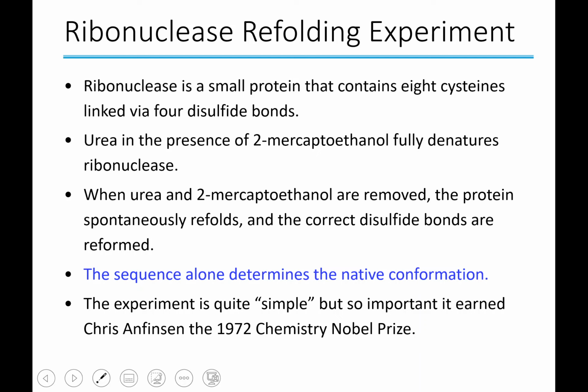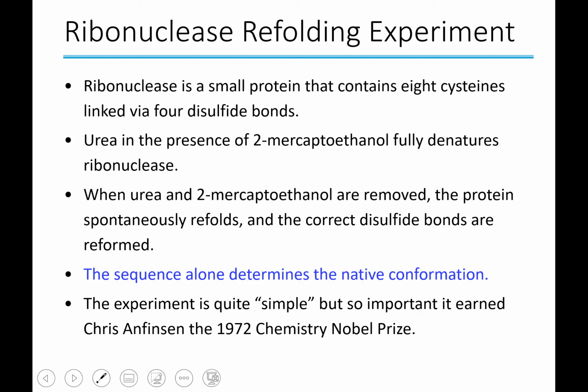When those are removed by dialysis, so the urea and beta-mercaptoethanol are removed, the protein refolds, and it refolds in the correct pattern and the correct disulfide bonds are reformed. Okay, when Anfinsen did this experiment, the protein, when it was denatured, was inactive.